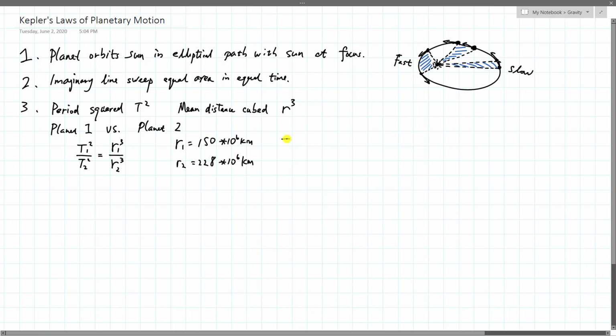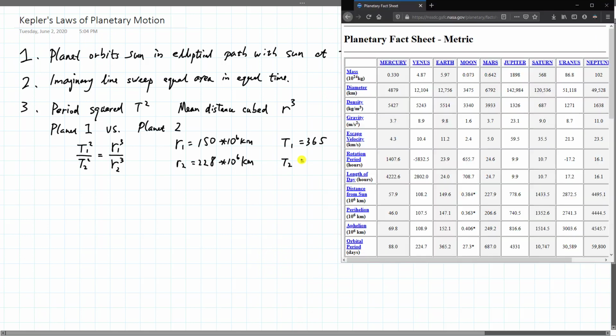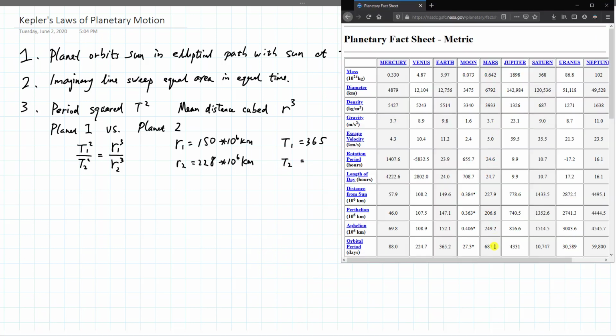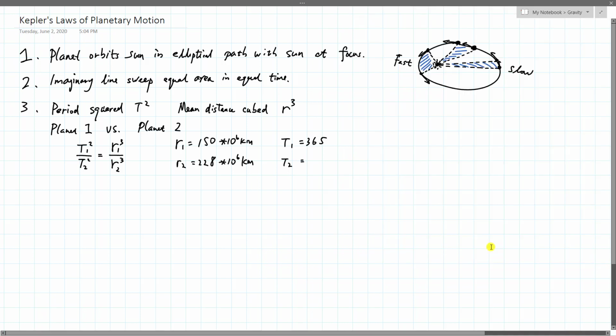And let's do periods. Period 1, that's Earth, 365 days. And for Mars, I wish I could remember that. Okay, for Mars, the period is 687 days. The units don't really matter.